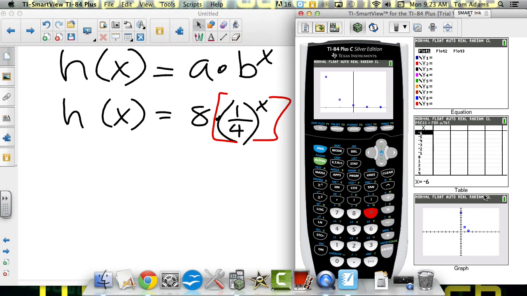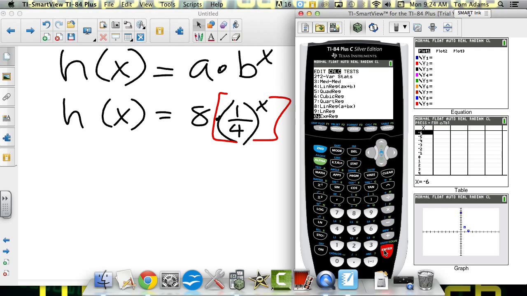Let's see what the calculator tells us. So now to calculate the regression of this, it's just like you would do a linear regression. I'm going to go to stat. Then I'm going to come over here and come down, but it's an exponential function, not a power function. So I'm going to go until I see where it says exponential regression.